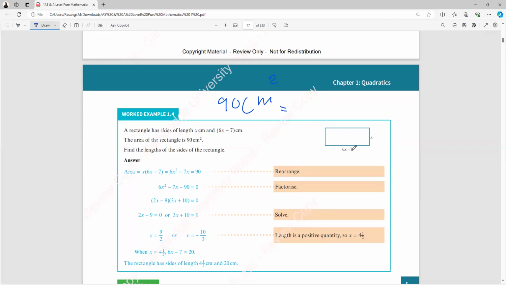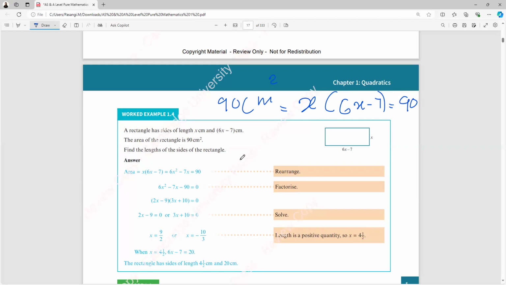Now, according to this given rectangle, we can build an expression for the area. Area means length into width. That means x times 6x minus 7 should equal 90.